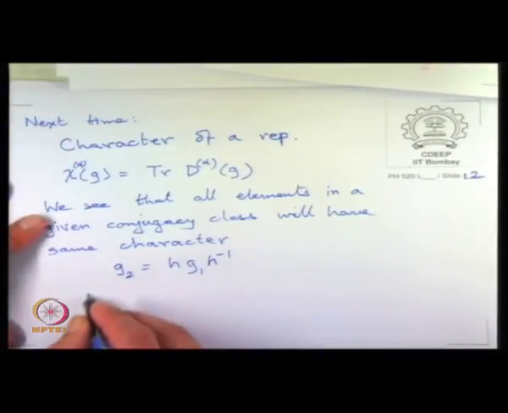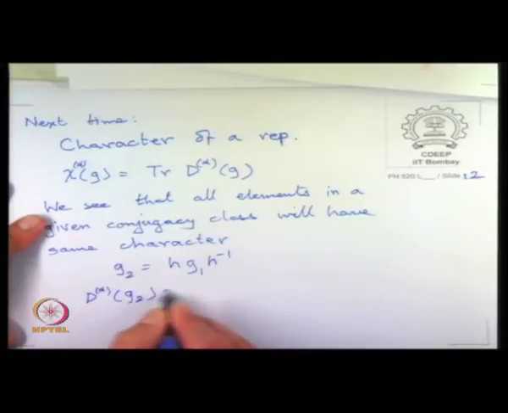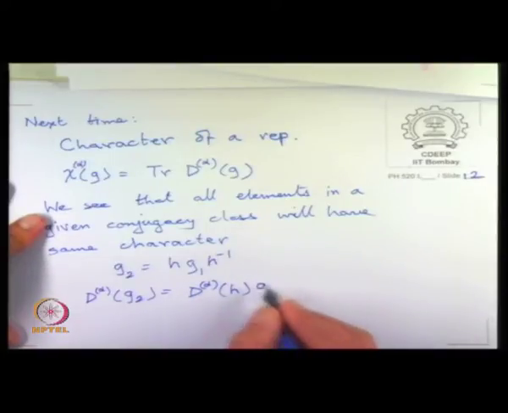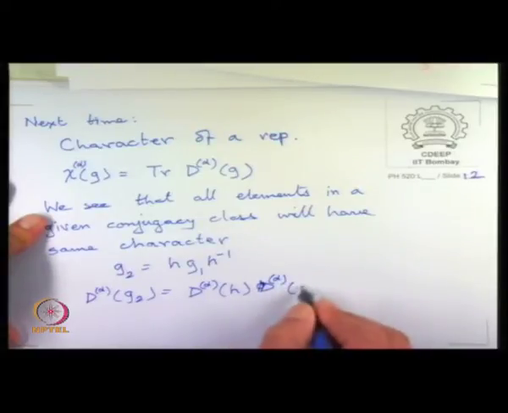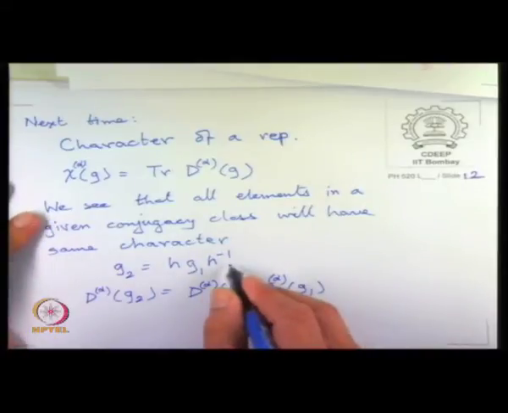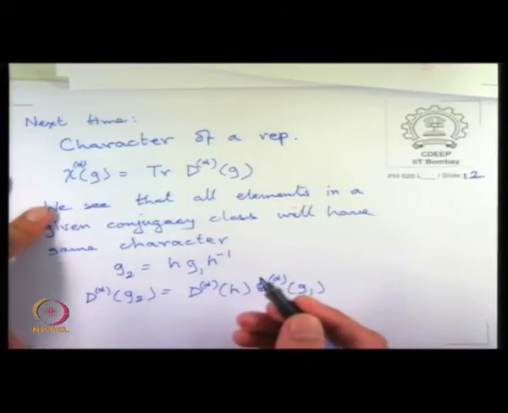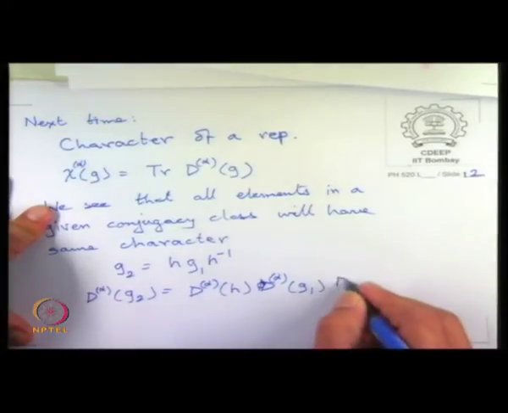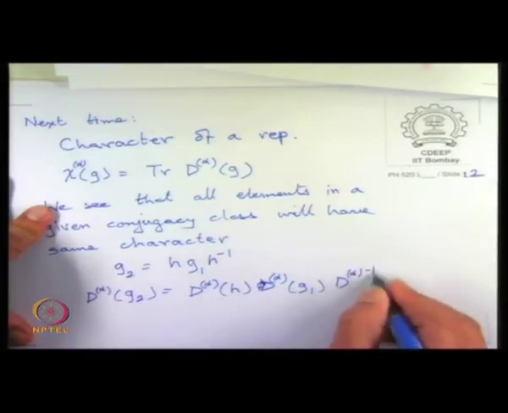But now we have to write out D alpha of G2 equal to D alpha of H, D alpha of G1, and then D alpha of H inverse. Because we are using a representation that is unitary, the inverse is the same as the dagger.